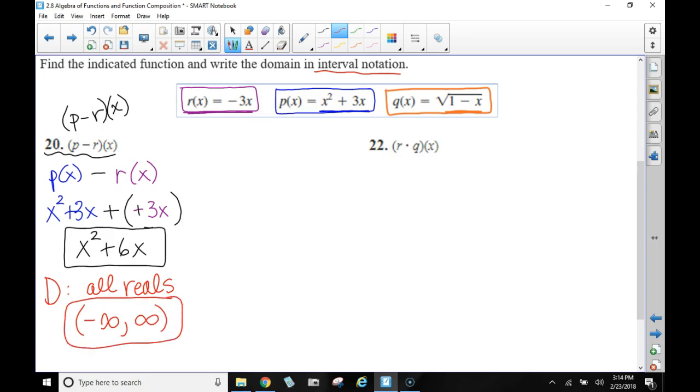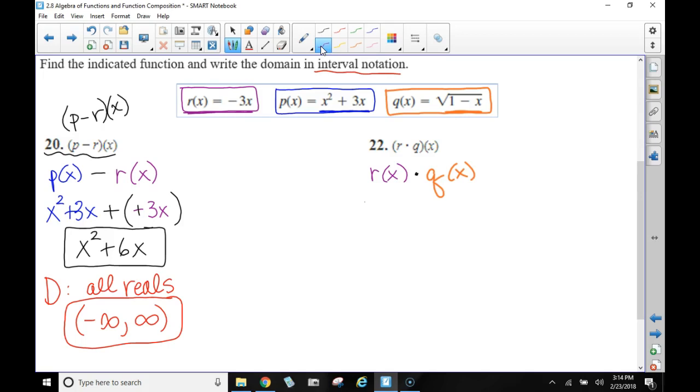There's our domain in interval notation. Over here on number 22, they want us to calculate R of x, and we're going to, as our operation, multiply that by Q of x. All right, so go put that in.